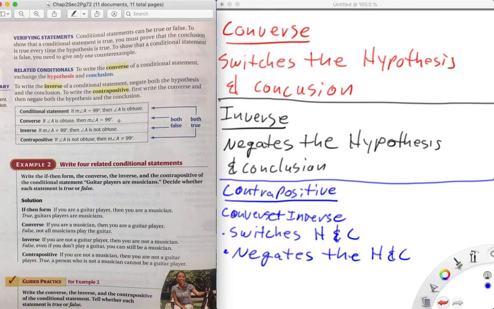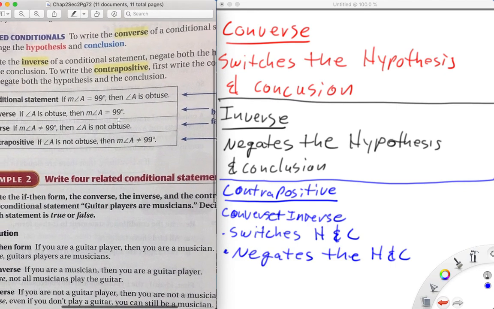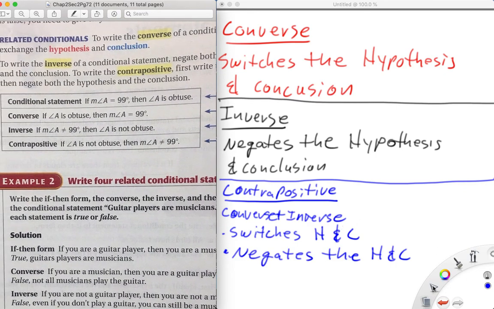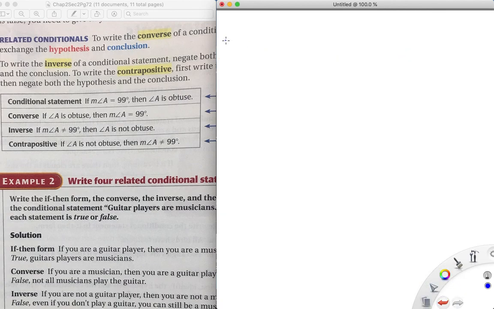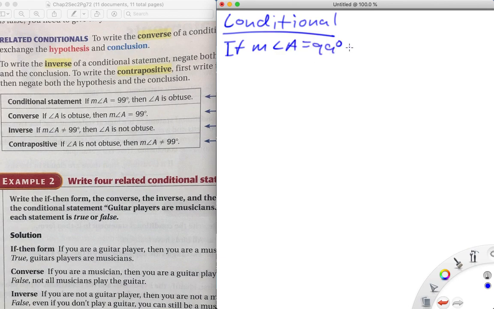So let's look at what the book has. So the book has this initial conditional statement. So this is the conditional. This is what we start off with. If the measurement of angle A is equal to 99 degrees, then it is obtuse.